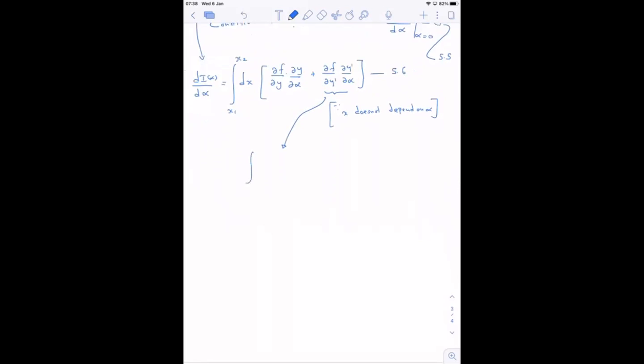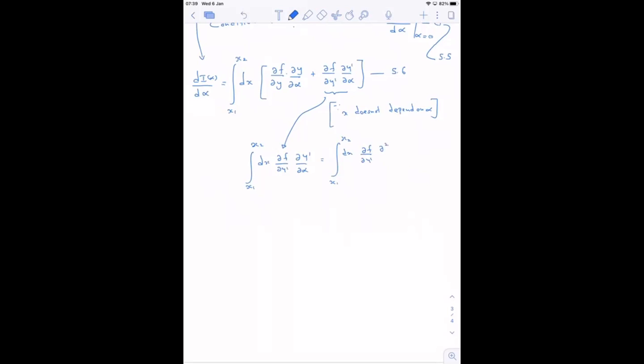That is, from x1 to x2, ∂f/∂y' times ∂y'/∂α dx. And here ∂y'/∂α means ∂/∂α of ∂y/∂x, right?